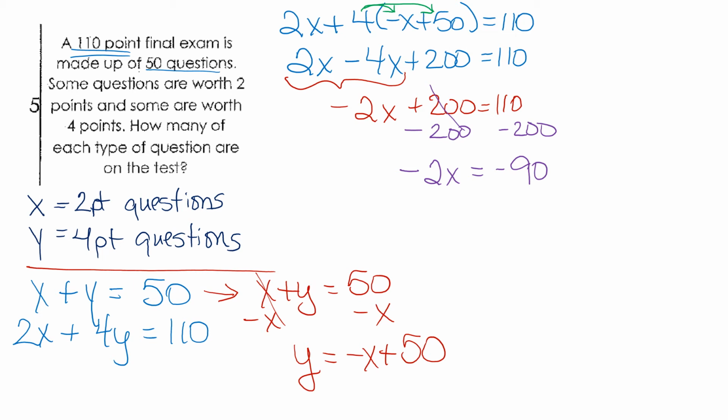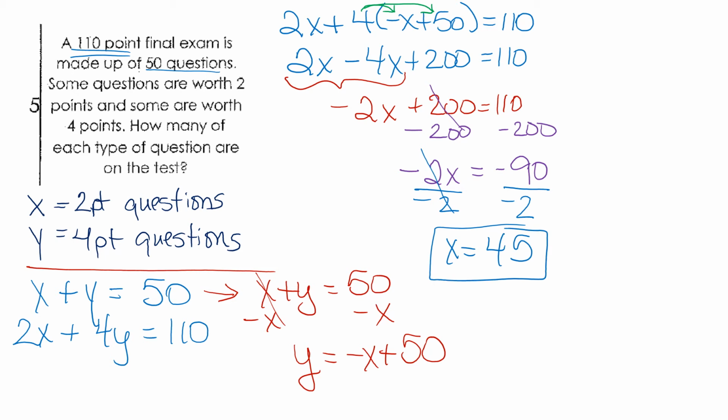Now to isolate that variable, I want to divide both sides by negative 2. So that will leave me with x equals 45. So what that means is that there are 45 two-point questions. 45 of those. Now I need to figure out how many 4-point questions. So we're going to take our x value and substitute it into one of the equations.